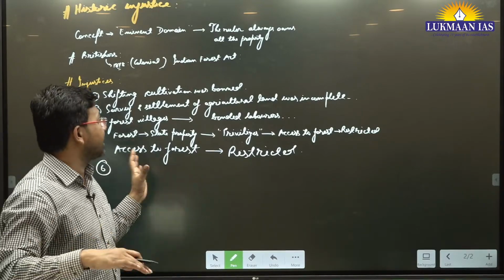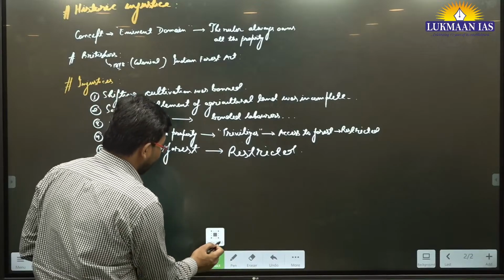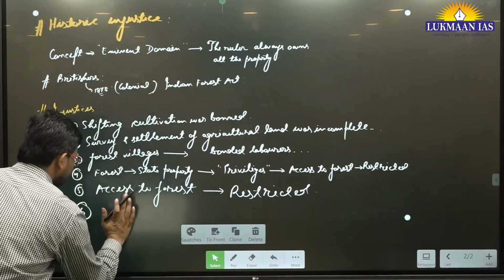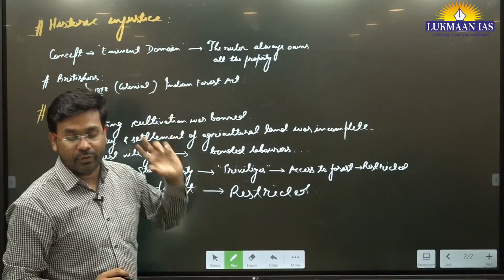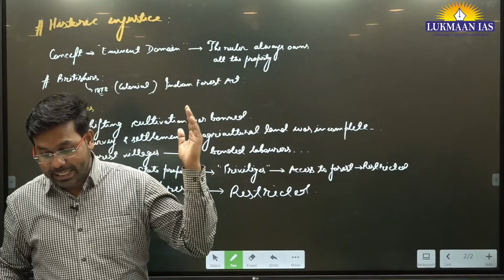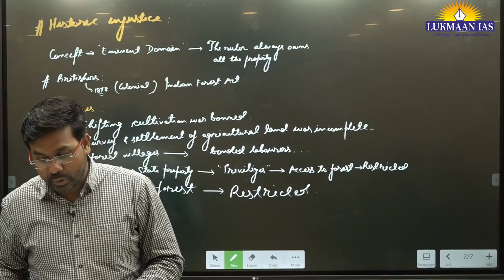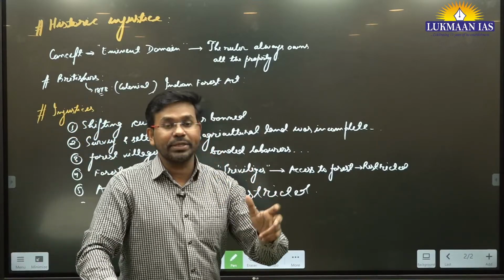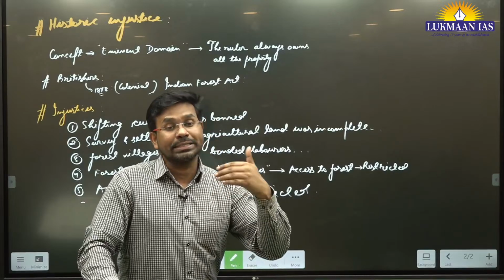So finally, these traditional forest dwellers did not see their rights properly; they were not able to enjoy the rights mentioned under the Forest Rights Act of 2006. In this article, they discuss the Wildlife Protection Act of 1972 and the Forest Conservation Act of 1980. These additional provisions were made by the government because they wanted to conserve the forest.